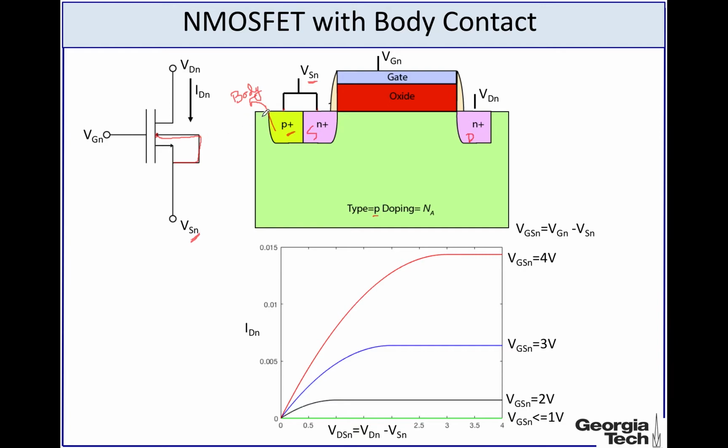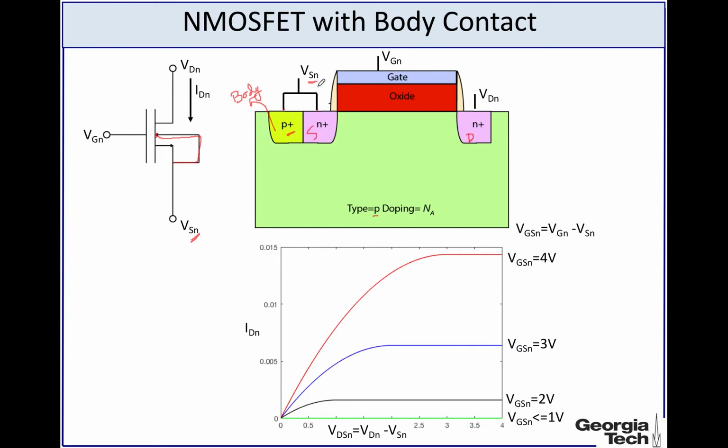Now this body contact, and the fact that it is shorted to the source, means that whenever we are talking about the gate voltage and drain voltages and the operation of this N-type MOSFET, we will now start referring to all these voltages with respect to the source voltage.